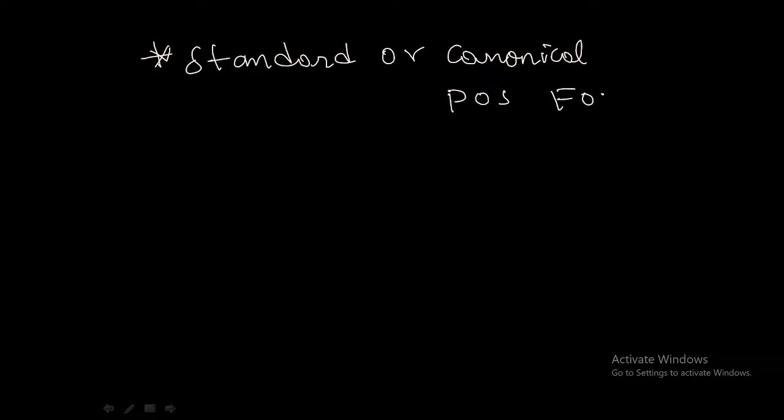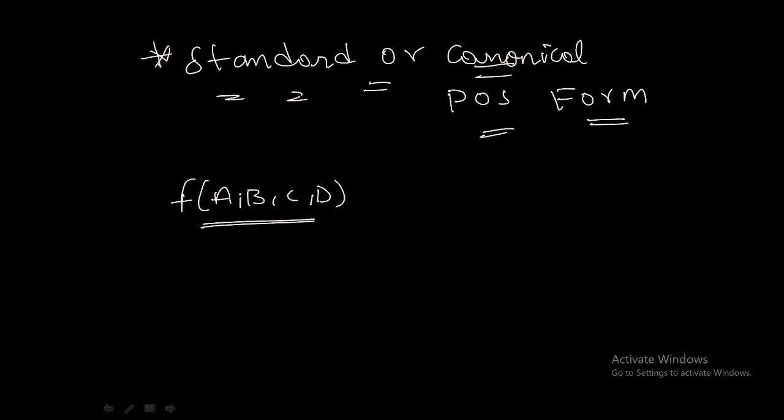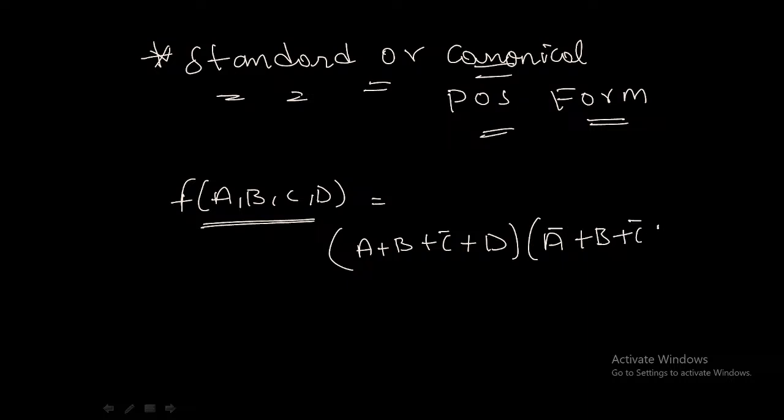What is meant by the standard or canonical POS form? For example, if we have a function of variables a, b, c, d, which is equal to a plus b plus c bar plus d into a bar plus b plus c bar plus d.